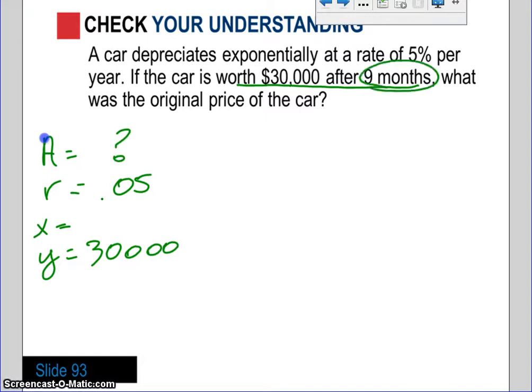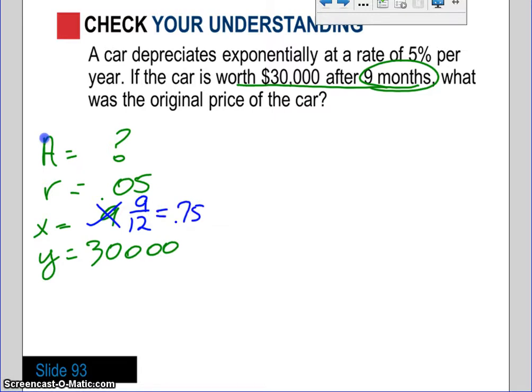Some of you are going to just write 9 there and calculate it based on that. But the problem with that is that x is time in years. So you need to get that into terms of years, which is 9 divided by 12. It's 9 out of 12 months. So x should actually have been 0.75.